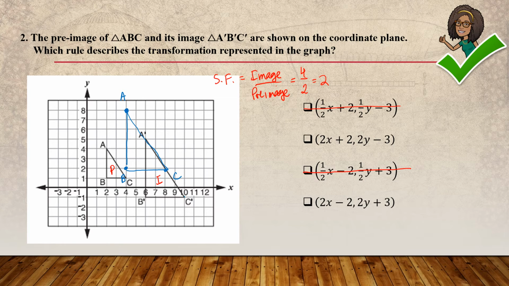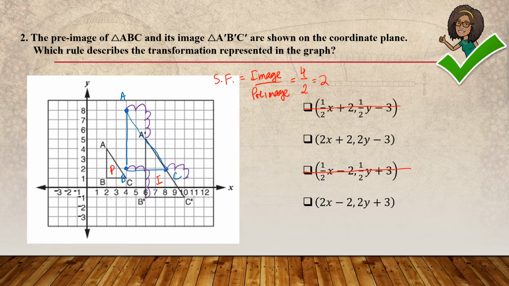And then now that we've dilated our triangle, we're going to see how many units it has moved left, right, up, down to get to our image. So how many units along the x-axis has this moved from A to A prime? Let us see. 1, 2, and then 3 units down. 1, 2, 3. So I can do that for all the points. I can see how much it moves, to make sure it's consistent.